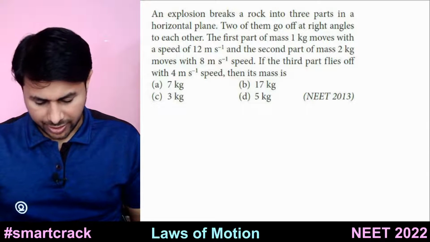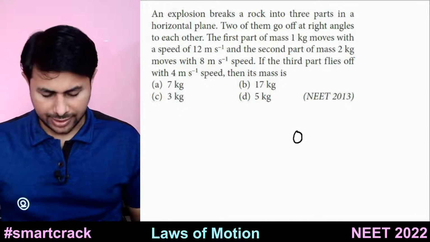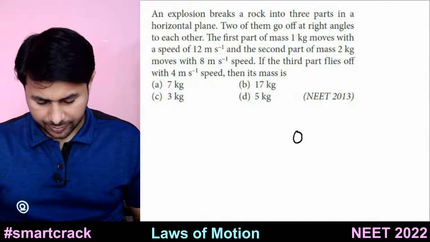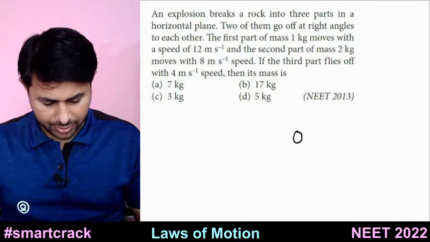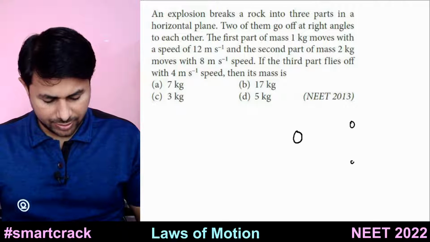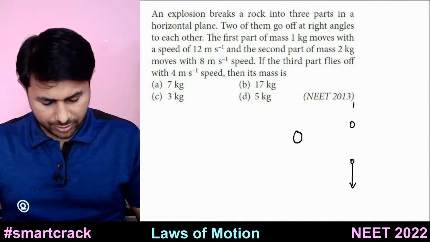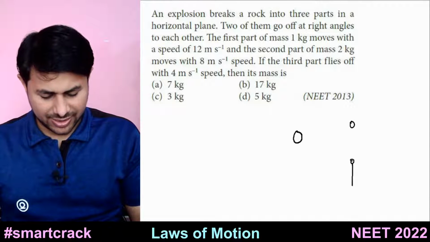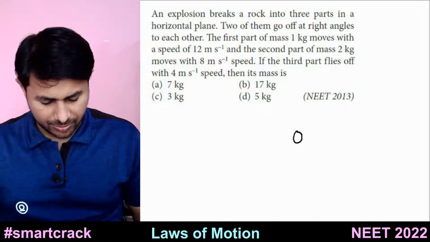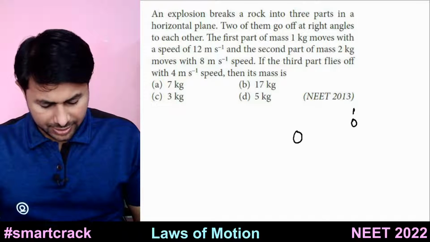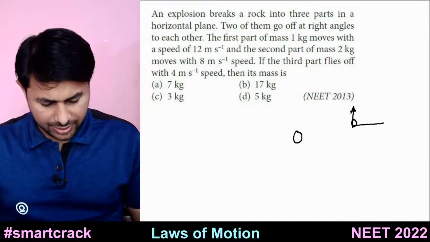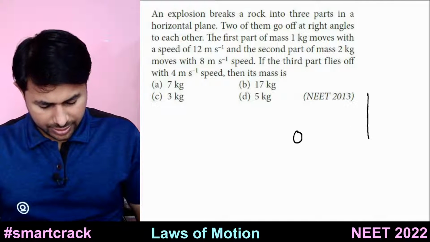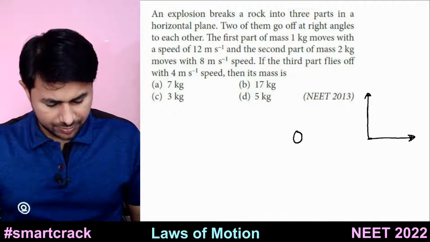So let's suppose we have a rock and it breaks into 3 pieces. Two of them go at right angles to each other, not opposite to each other. So one goes in this direction, another one in this direction.